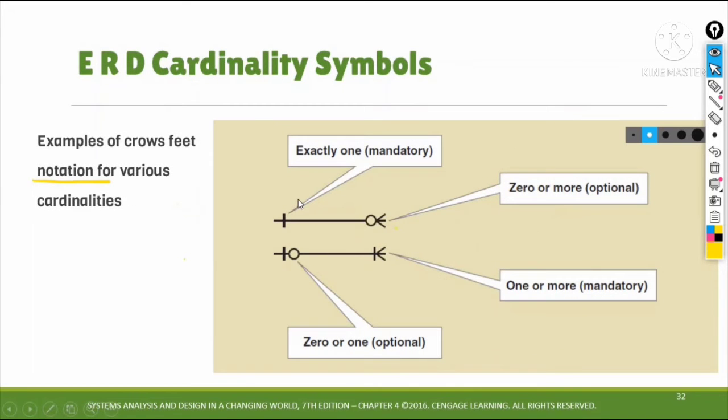So going back to the symbols, this bar here symbolizes exactly 1, so that is mandatory, and this symbol here represents 0 or more, and more is optional. And the symbol here, a bar and a circle, represents 0 or 1, and 1 is optional. And the symbol here represents 1 or more, and more is mandatory.